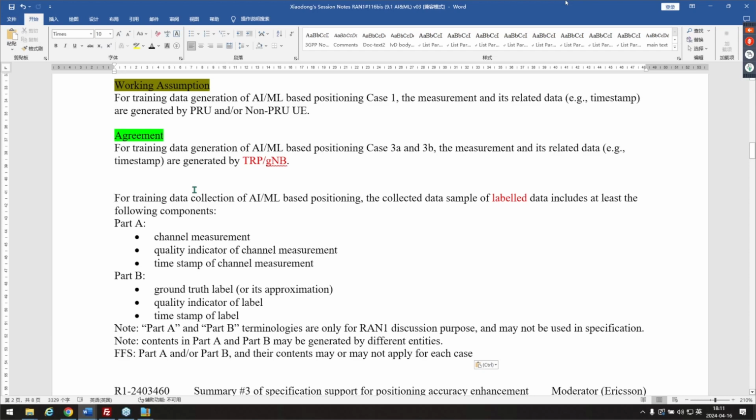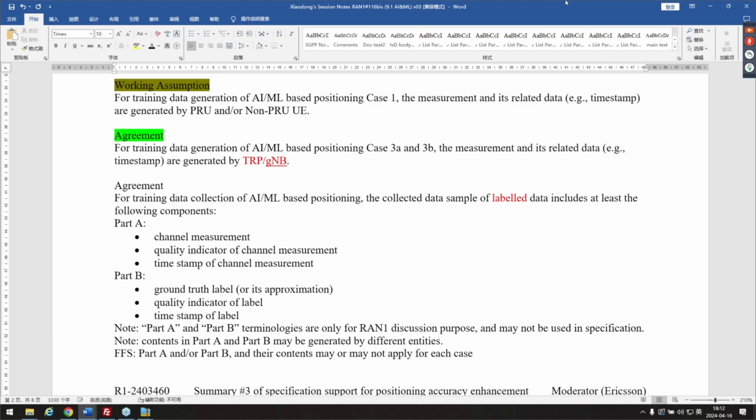In this one we talk about label data, and you will have two parts. One part corresponds to the model input, and we simply call it part A. The other part corresponds to the model output, and we call it part B. Each part has 3 components listed, and this is not meant to be limiting.